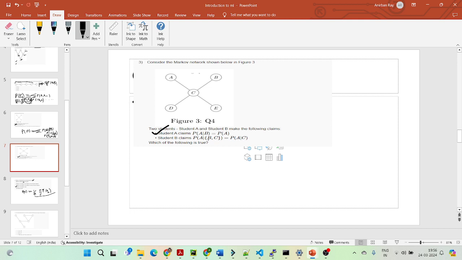So what it means is independence. A and B independent, they are asking, and they are independent if C is known. So it is true. It is true actually. The expression is true.